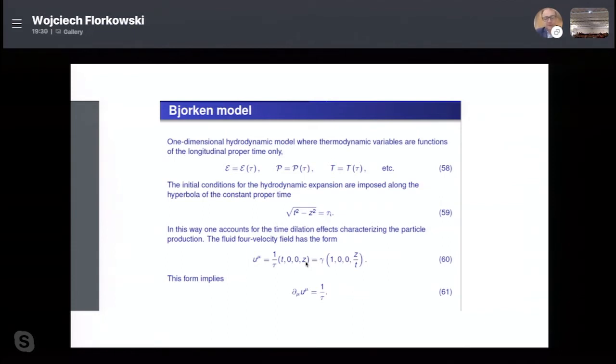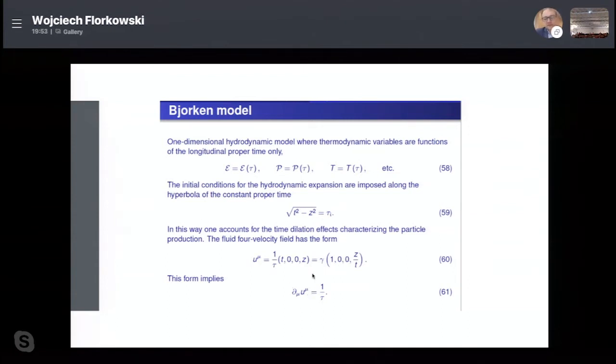So to summarize, I think all scalar functions in the hydrodynamics of Bjorken should be functions of the proper time. So energy density, pressure, temperature, they should be functions of the longitudinal proper time.